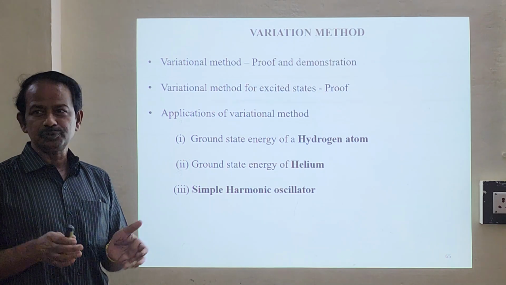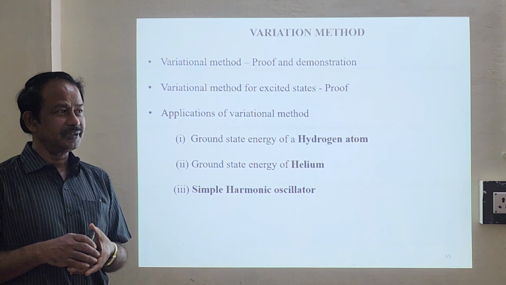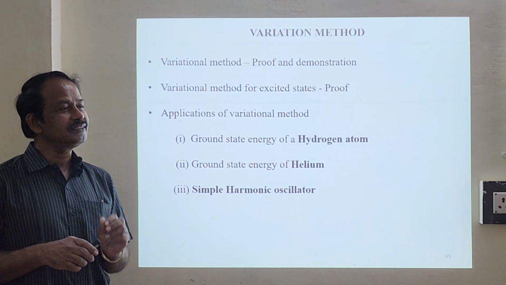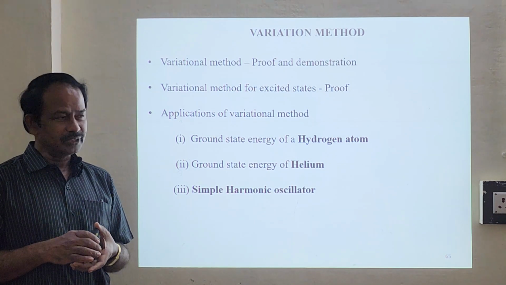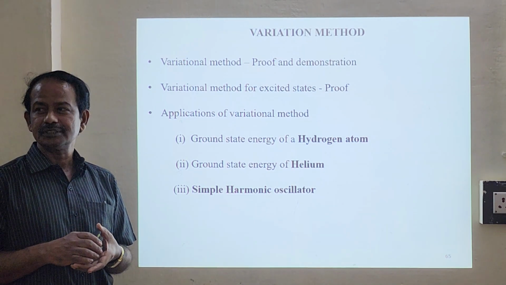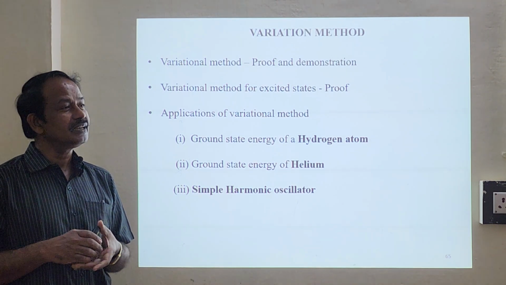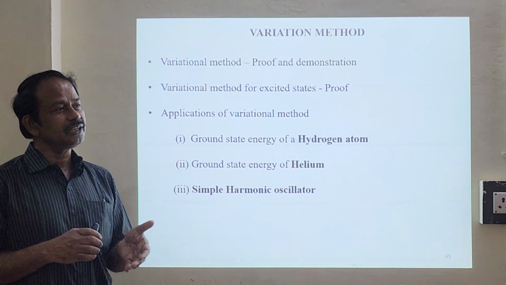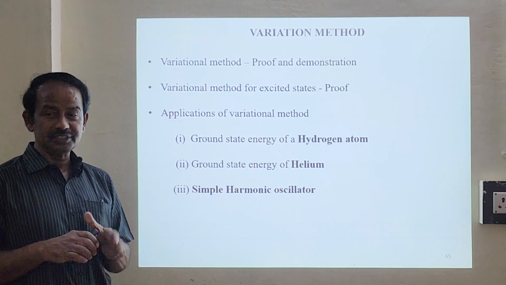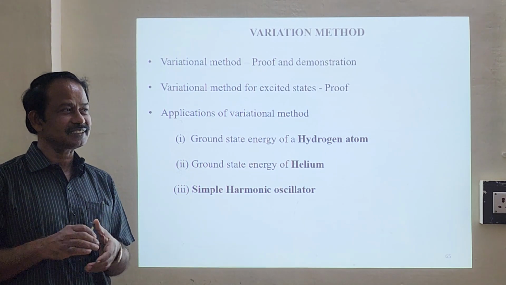And this is a very, very useful method. In fact, as far as I am concerned, this is the best method to get energy eigenvalues and wave functions, where we guess the wave function, for any quantum particle system.